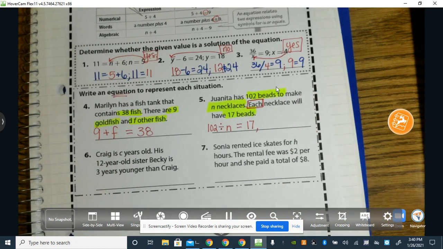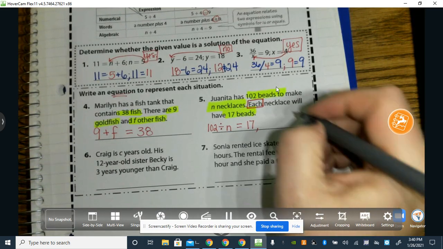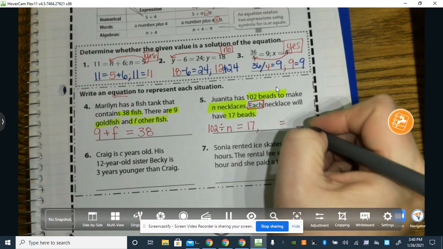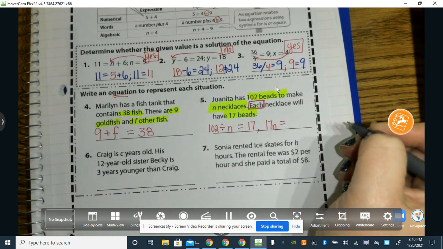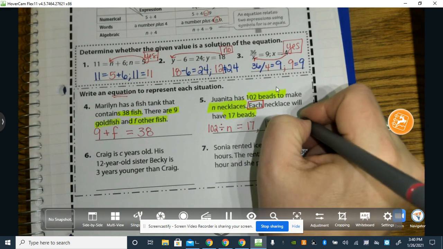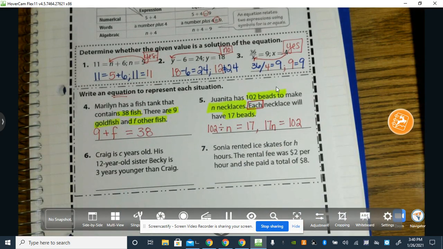Or I can do this as a multiplication problem: 17 times my number of necklaces is equal to 102. We're going to start solving these types of questions tomorrow. We'll talk about them tomorrow.